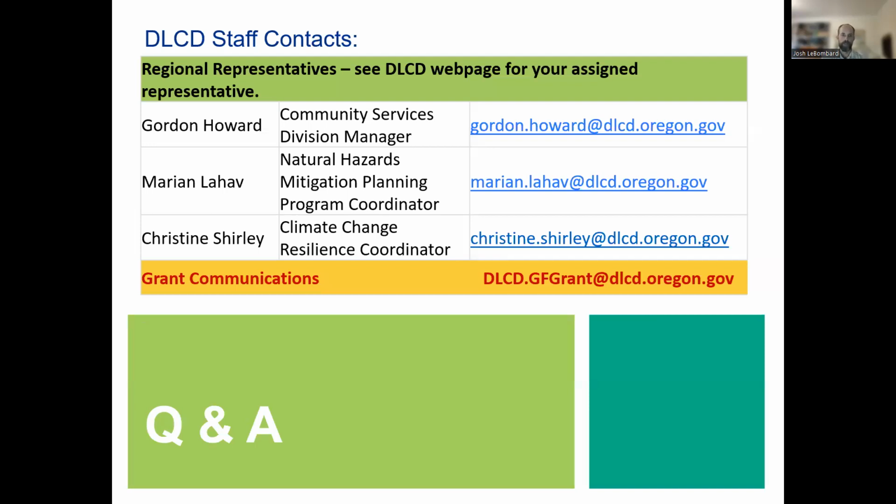So once we figure out which projects we're going to fund, we then start to develop a scope of work with each jurisdiction. During the process of developing that scope of work, we'll have an idea about how much assistance a jurisdiction needs and or wants. And then that's what we'll wrap into the scope of work.